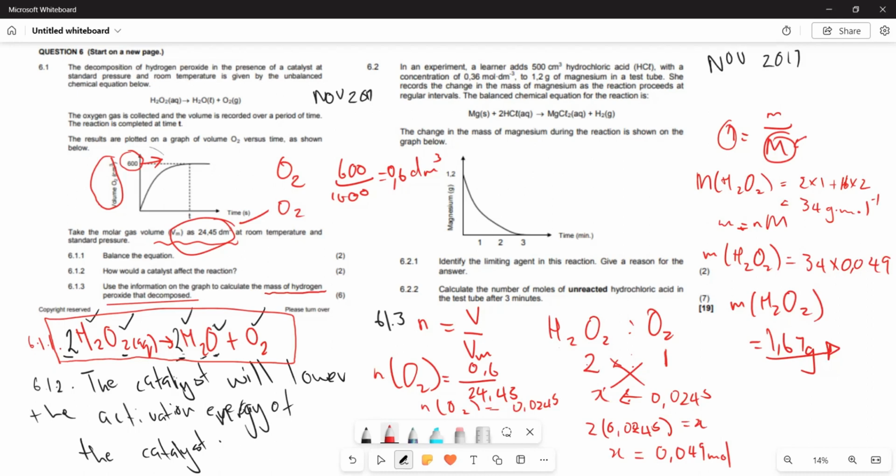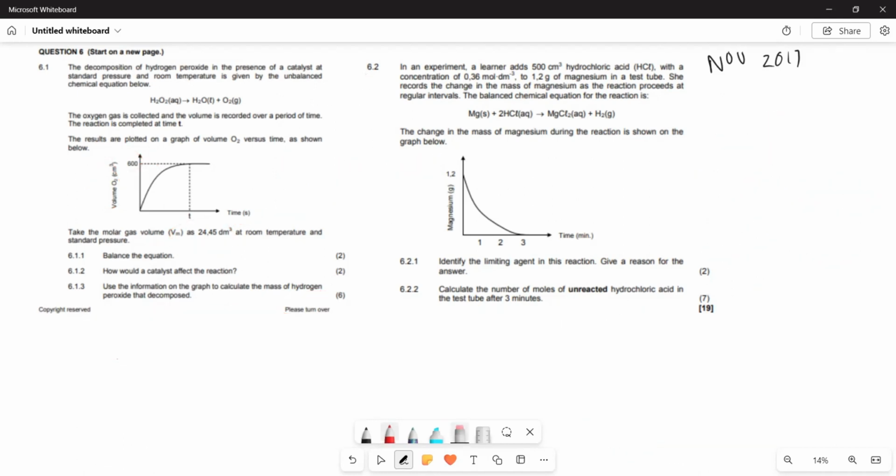Now let's make up some space to answer the second part of the question, question 6.2. In an experiment, a learner added 500 centimeter cubed of hydrochloric acid with a concentration of 0,36 moles per decimeter cubed to 1.2 grams of magnesium in a test tube.